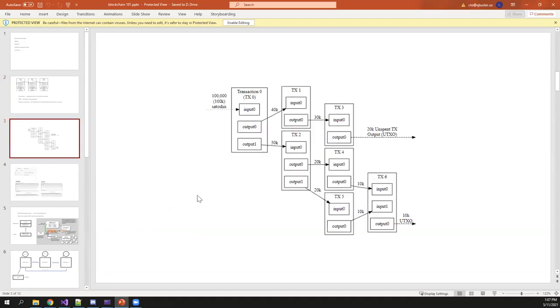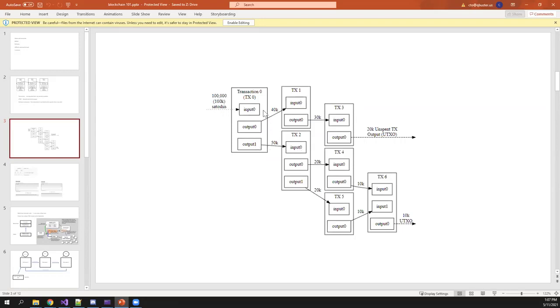So here's an example of how inputs and outputs are linked in transactions. There's a Coinbase transaction that says there's 100,000 coins, whatever it is. And then I take 90 of those, 40,000 I send here and 50,000 I send here.